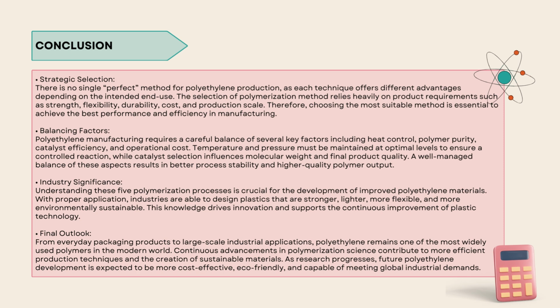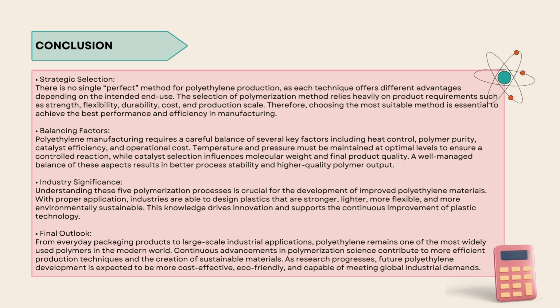To summarize, there is no single best method to produce polyethylene. Each process has its own advantages, and we choose the method based on the product we want to make. Next, polyethylene production requires balance, good control of temperature, pressure, cost, and catalyst to get good quality polymer.